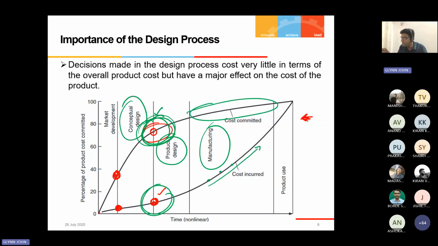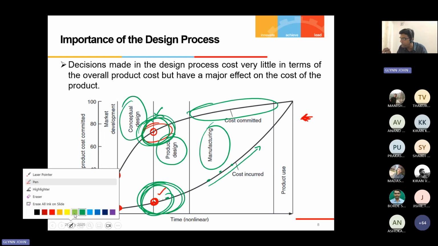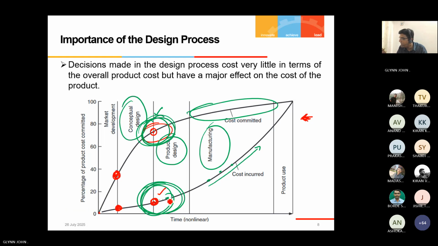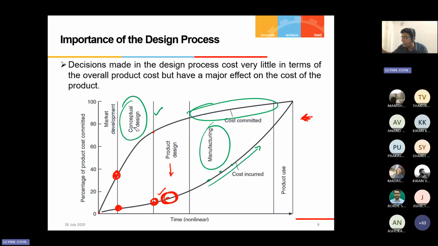So which means if you make a change here, see now, once you come up with this initial design, I cannot change anything here. At this particular point of product design, I cannot say, let's forget plastic, let's do something else, right? We cannot do that because we have already made that decision, and accordingly the cost is committed.